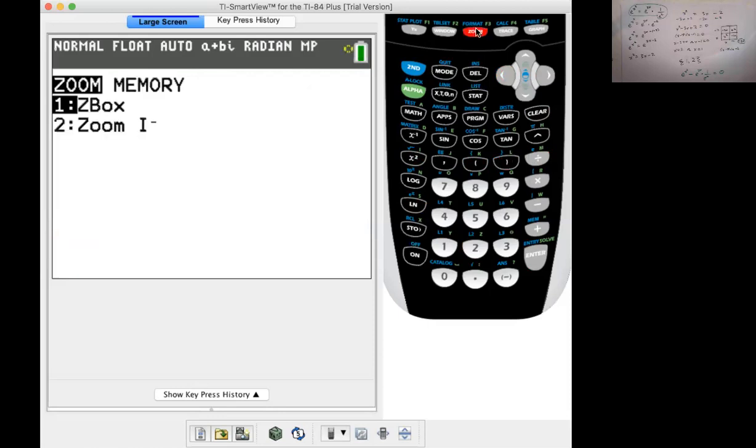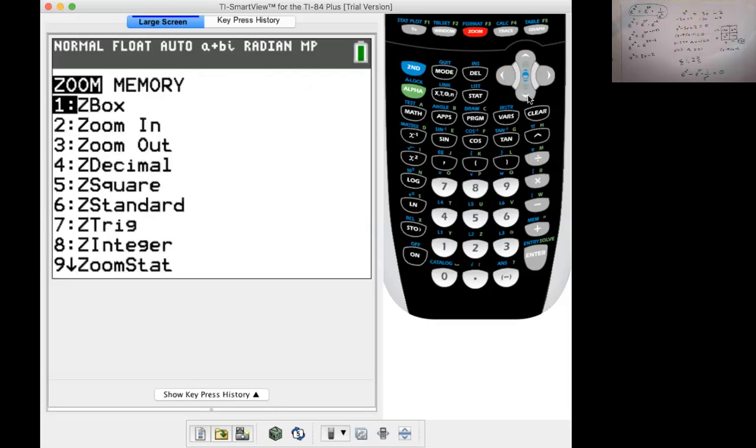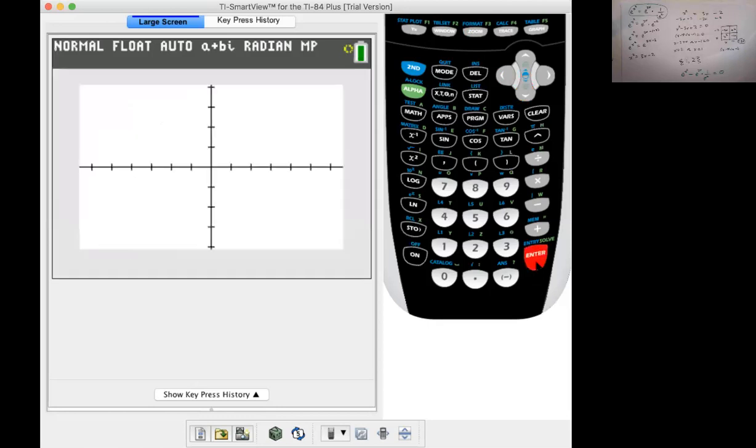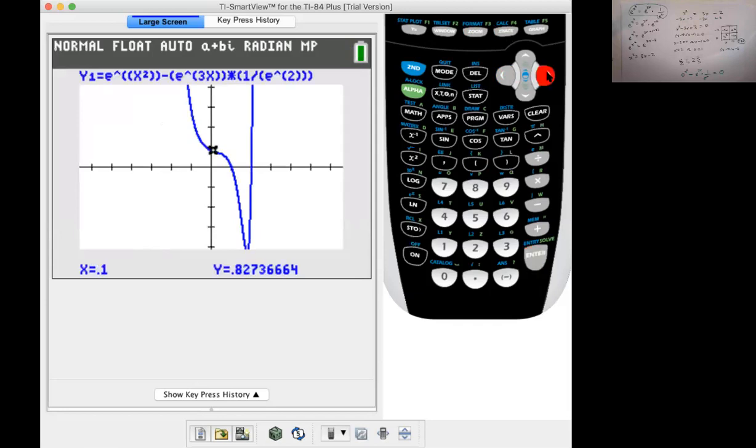So I'm going to go to zoom decimal first and see if it crosses at 1 and 2. What's it look like? Maybe it crosses at 1 and maybe it crosses at 2. I don't think I need to use my zero finder. I could just trace it along.